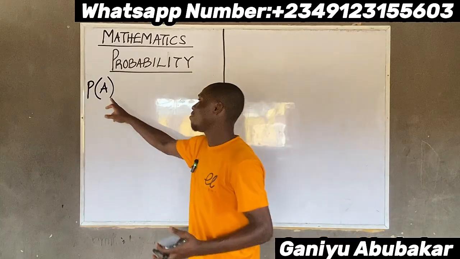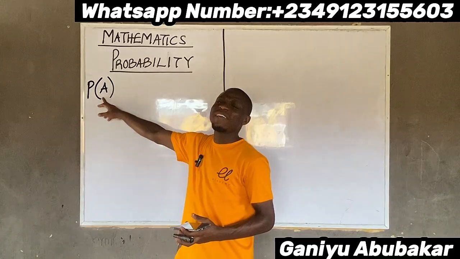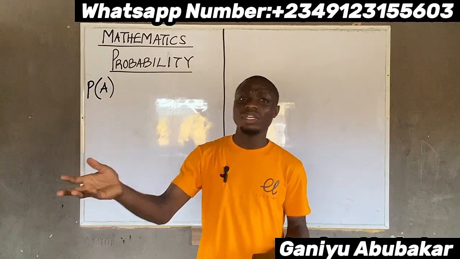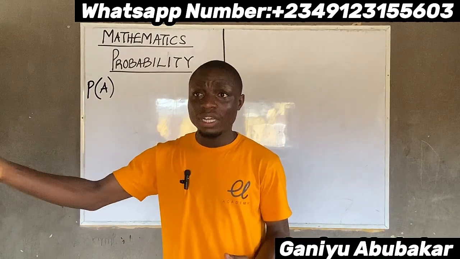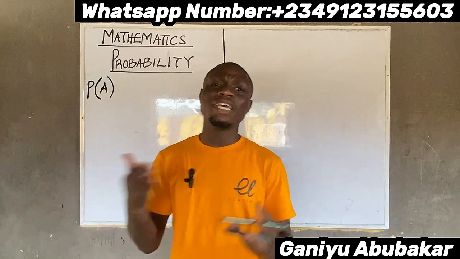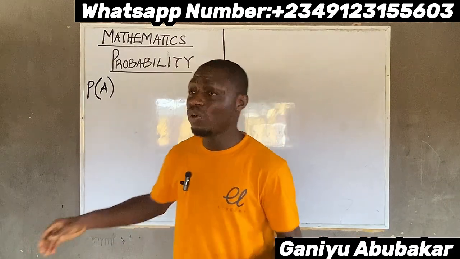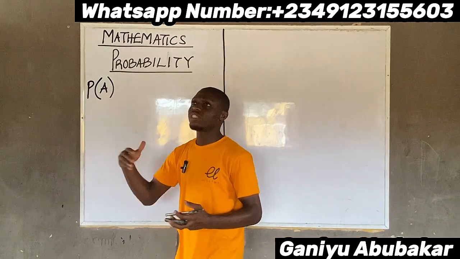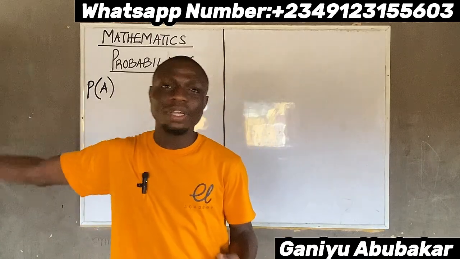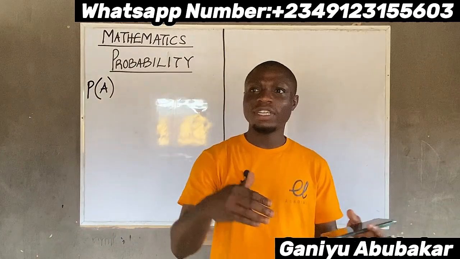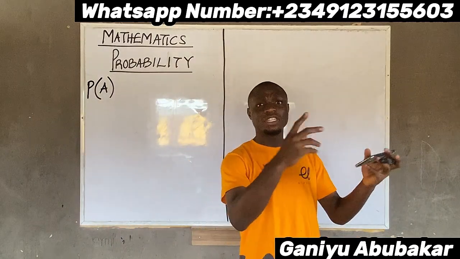Event A could mean 1, 2, 3. You can use event A to represent 1, 2, 3. So whatever you are seeing here is just a representation of something. So an event is simply a representation of something.